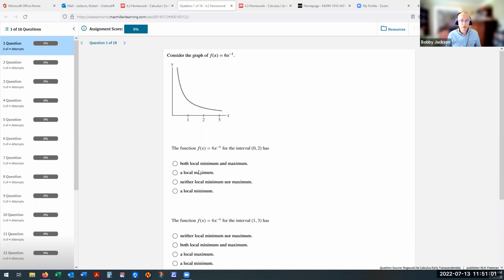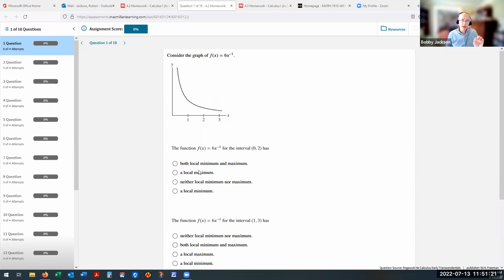And on that open interval, we have a local max at, say, x equals a, whatever point on that interval you want to say, if the value of the function at a is greater than or equal to all the other values in that open interval, then we have a local maximum.